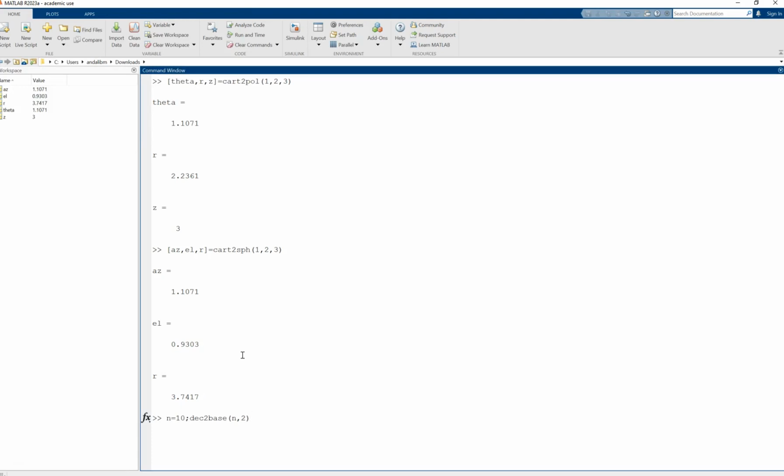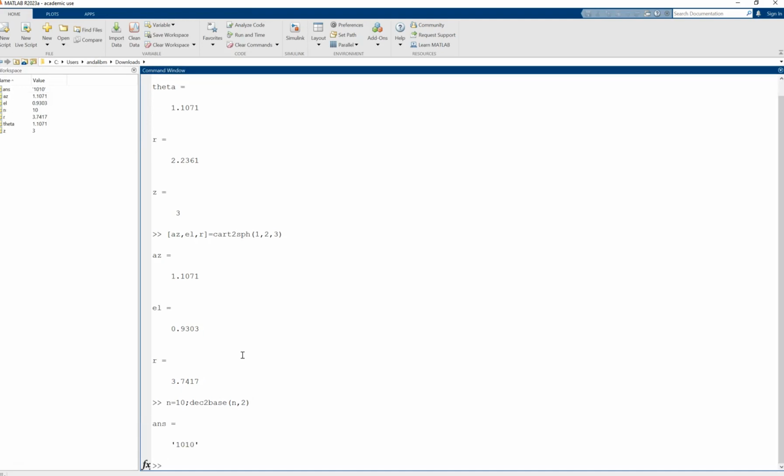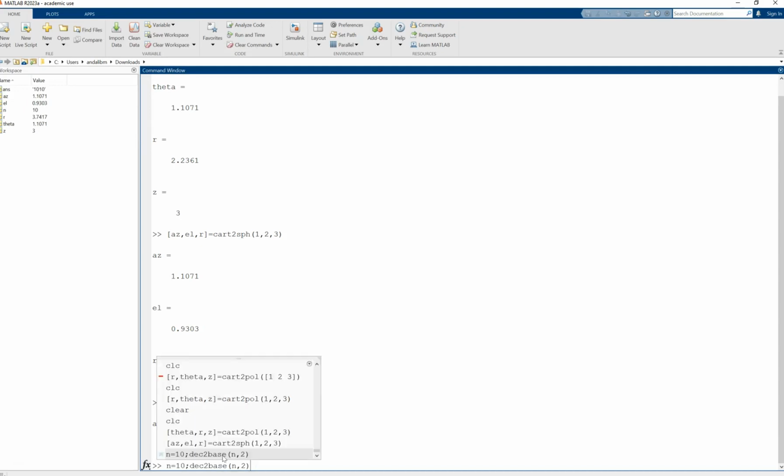If I convert 10 to binary, you see the number will be 1010, and that is correct because this is times 1, this is times 2, this is times 4, this is times 8, so it's 8 plus 2, which is 10, right? Or for example, let's use a simpler number, 3.